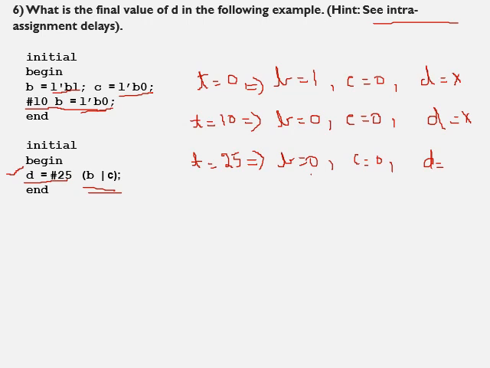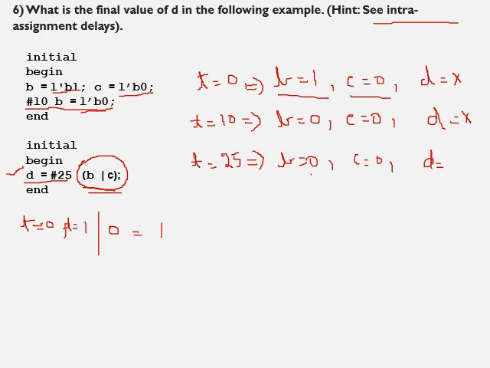The meaning of this is that at time t equal to 0 only, the values of the right hand side signals are taken and the expression is evaluated. That is, at time t equal to 0, b is 1 and c is 0, so the value of d at time t equal to 0 is 1.